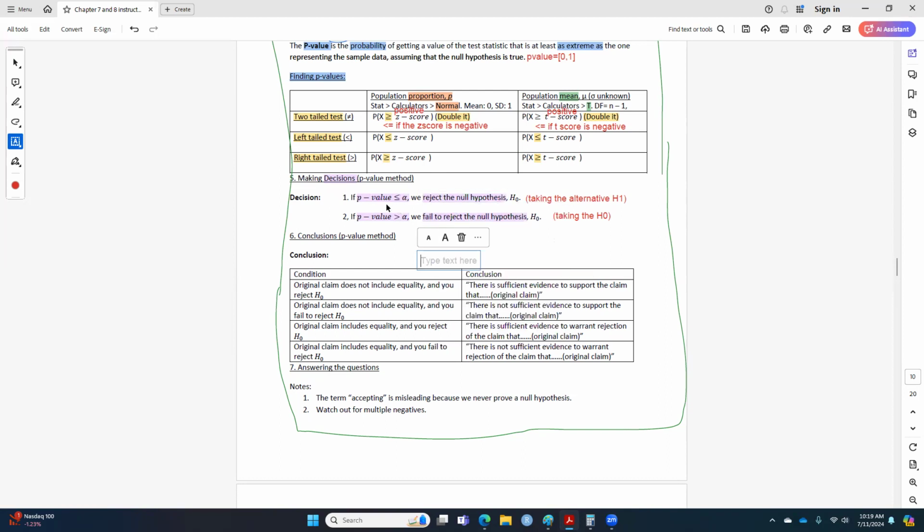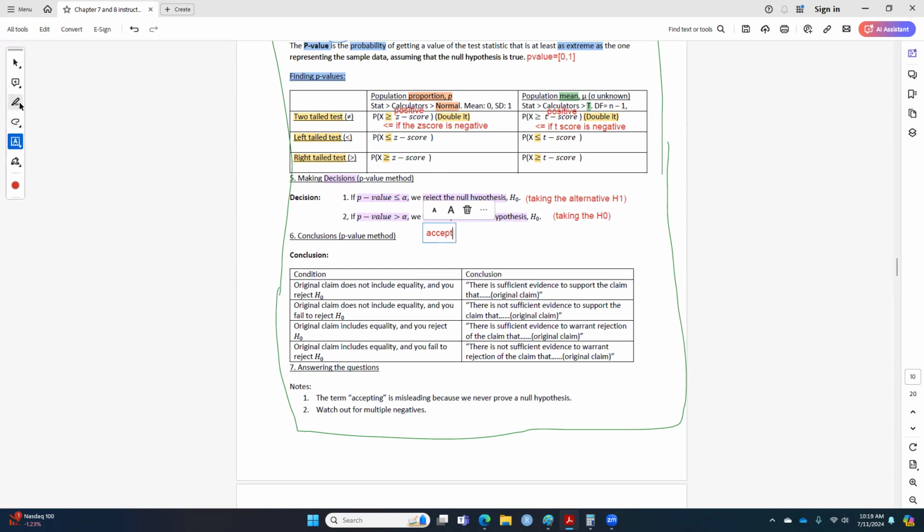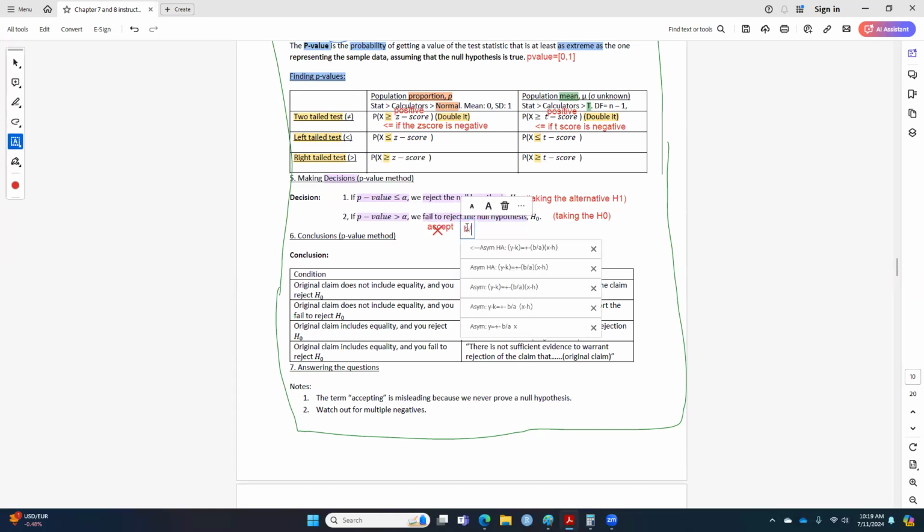We don't use the word accept in this case. Some of you will say fail to reject is kind of like accept, right? But please do not use the word accept to replace fail to reject here. The reason we don't use accept is because we are not 100% confident.